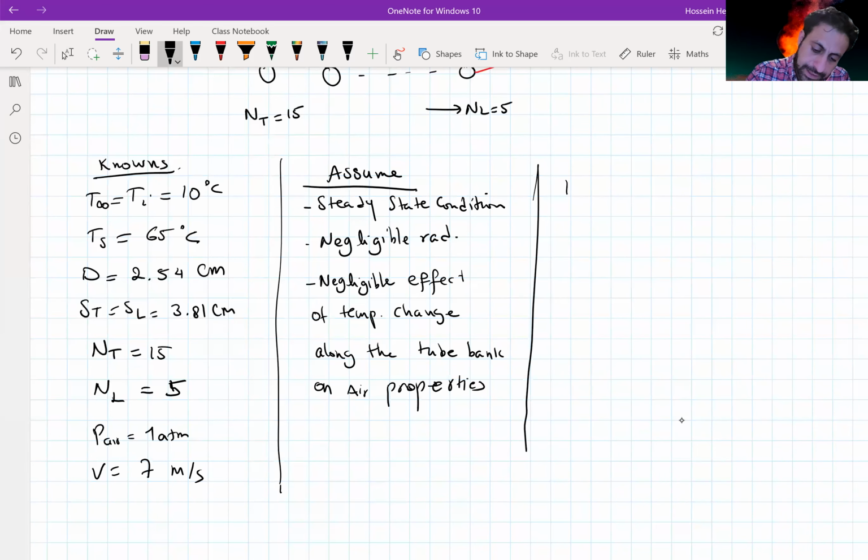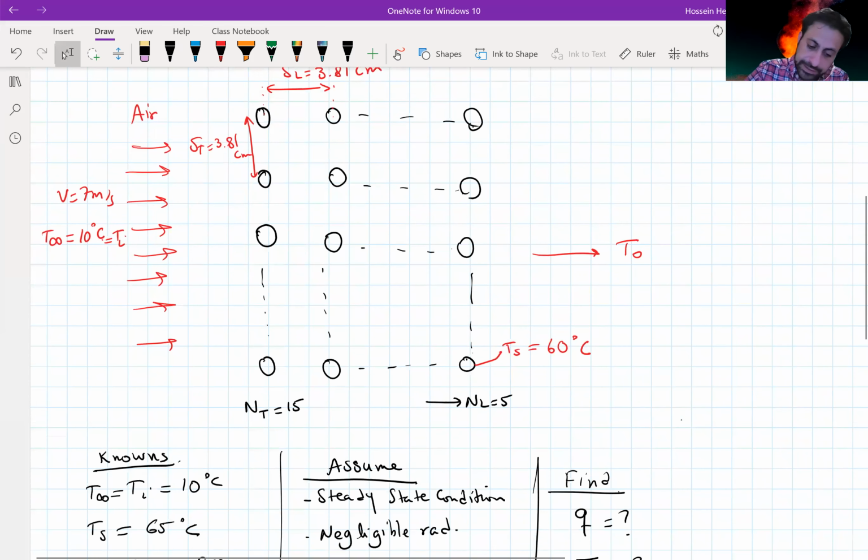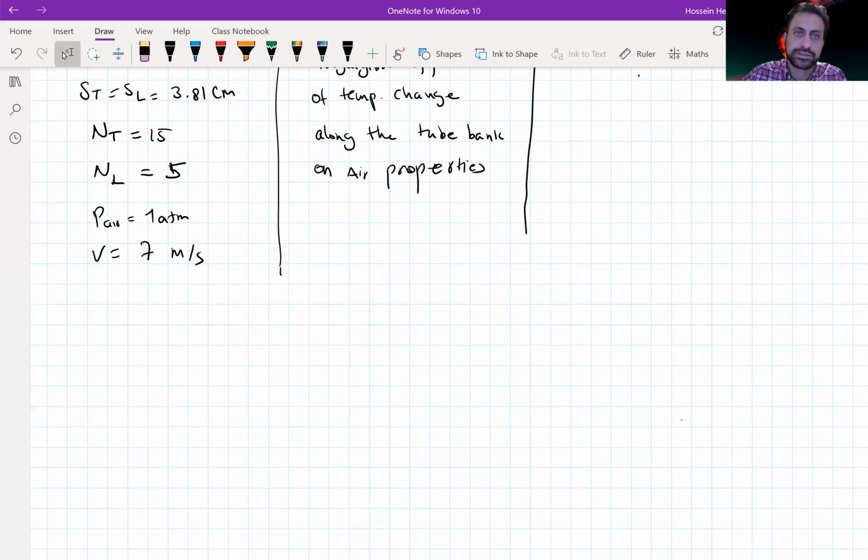And what we have been asked to find is Q and T exit. So air is flowing in, going out, taking out some heat from these hot tubes, and we are going to find out the rate of heat transfer for this tube bank.